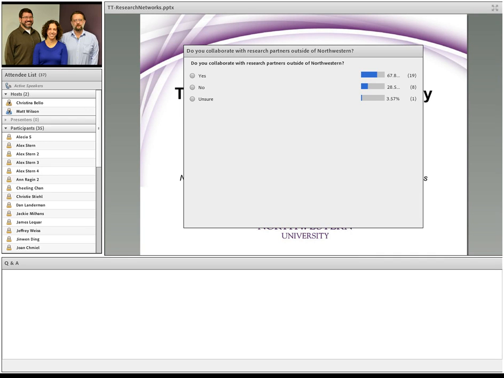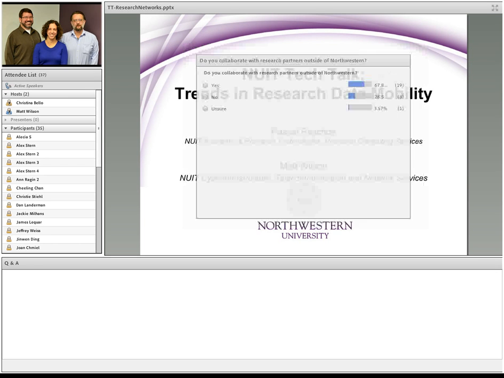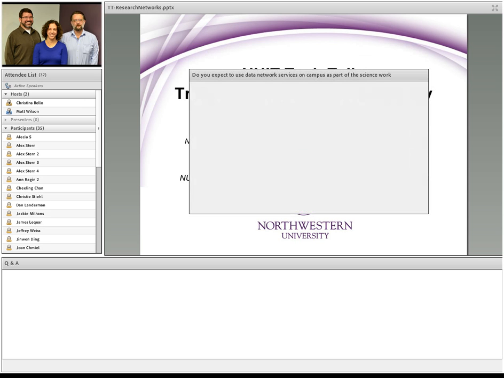All right, and our last poll question is, and this might be very specific to some of you, do you expect to use data network services on campus as part of the science workflow in your research? If you understand the question, great, and you can answer that clearly.